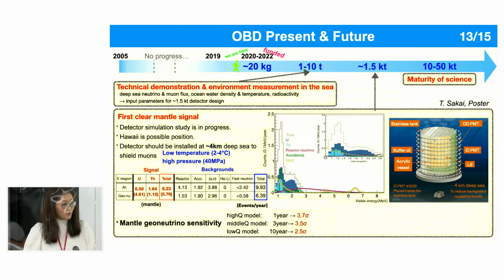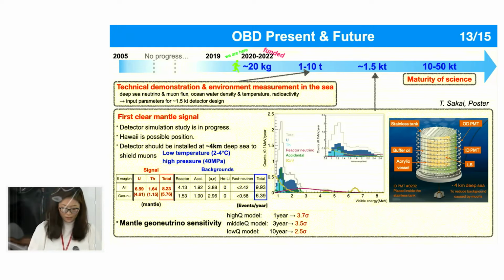But as you can imagine, this is a totally different condition for the detector, because it should be at 4 kilometer depth in the ocean to shield the muon contribution. So it will be low temperature, 2 to 4 degrees C, and high pressure, 40 megapascal.